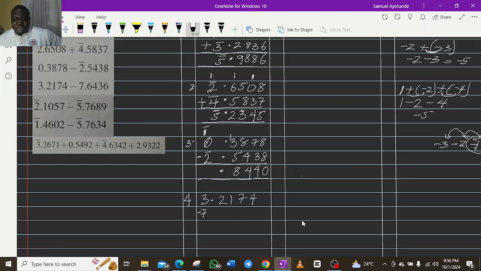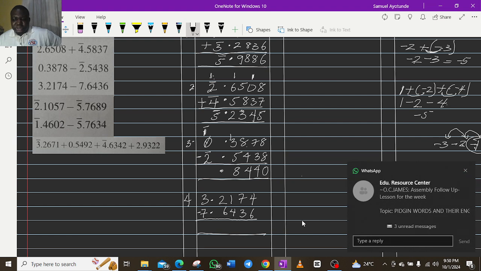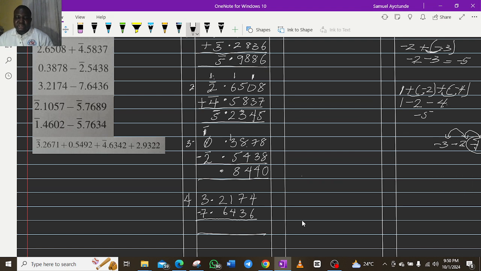Then we have 7.6436. So we are subtracting this. 4 minus 6.